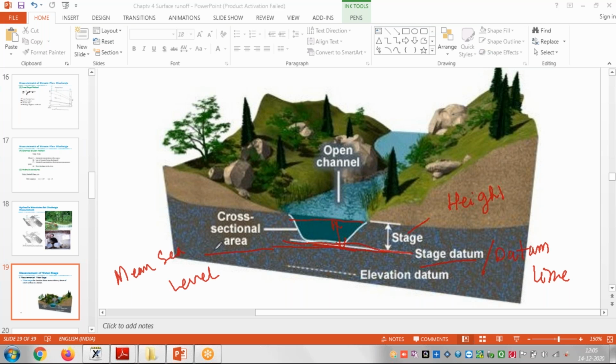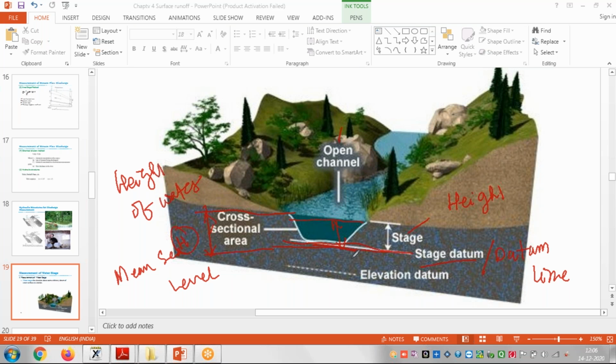From mean sea level, what is the height of water in the river? That is the height H. We can say the height of water from mean sea level is called the stage.